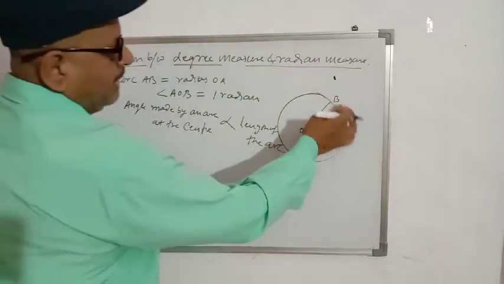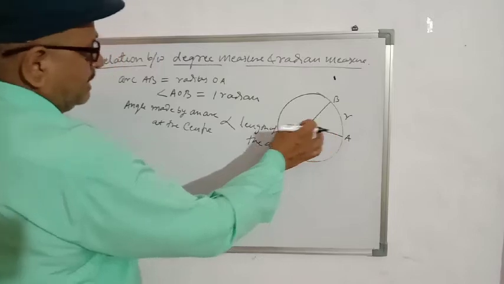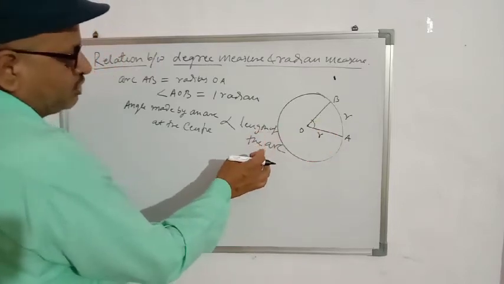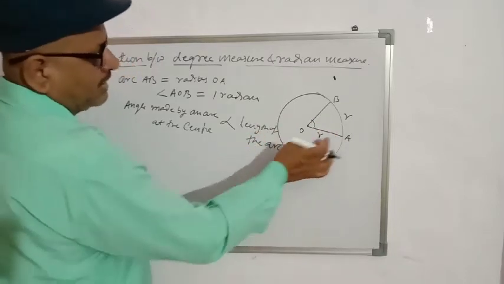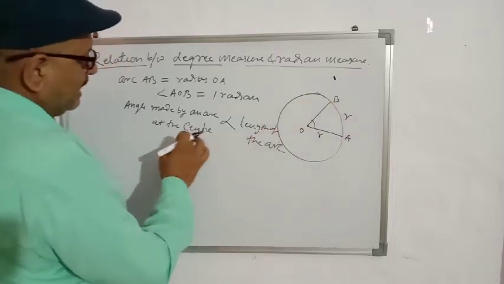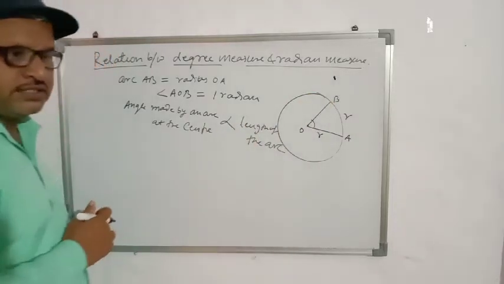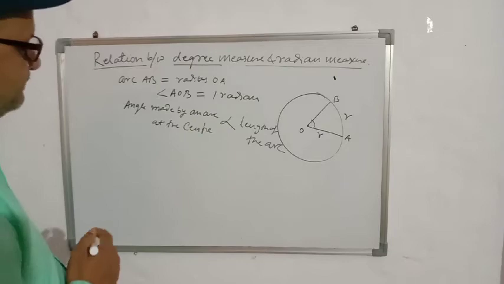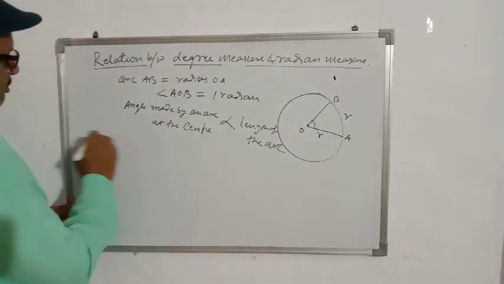Angle made by any arc at the center is directly proportional to length of the arc. Both are directly proportional.